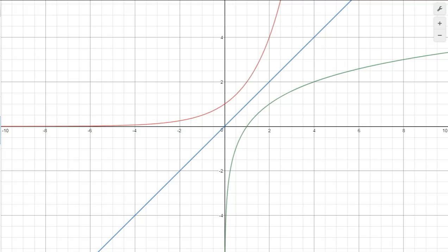Now, if for some reason reflecting it around this line of unity is just too confusing, remember that when you're taking the inverse, what you're doing is swapping the x's and the y's. So you could actually do that for the graph. If you've got this original graph, y equals 2^x, and you've got the point x is 0, y equals 1, well, on the inverse you would just swap those positions.